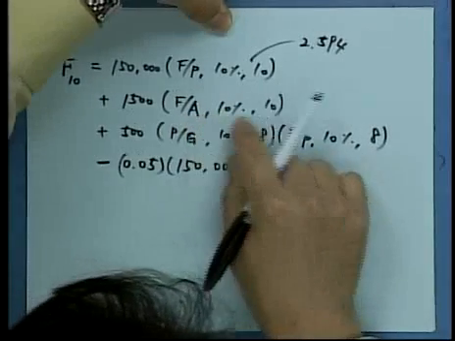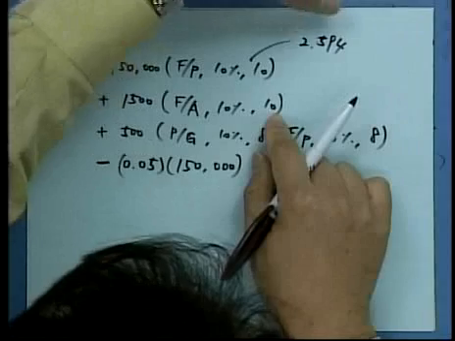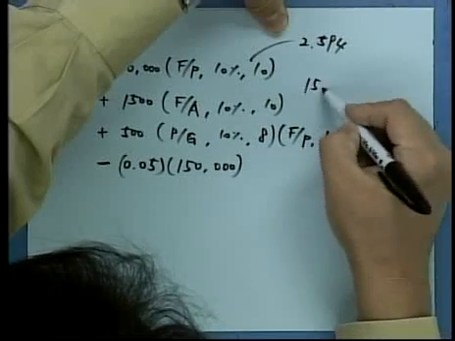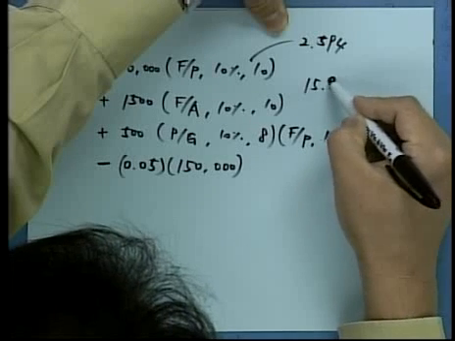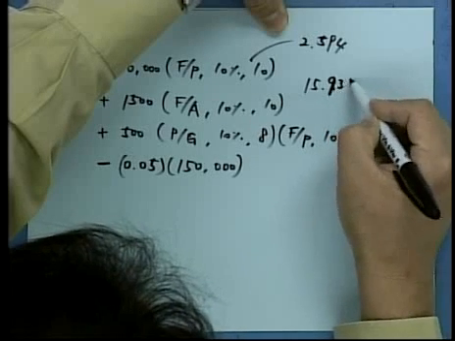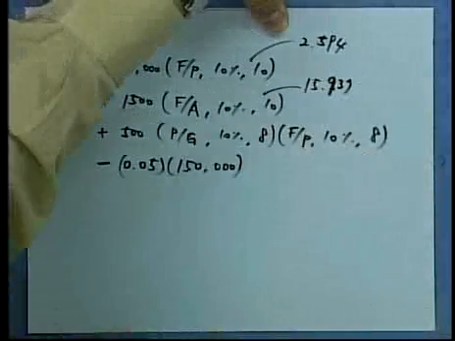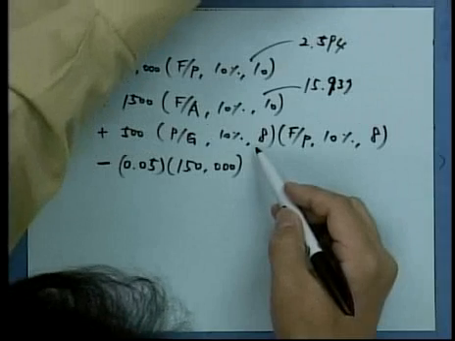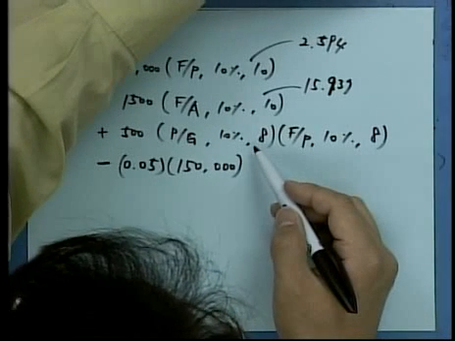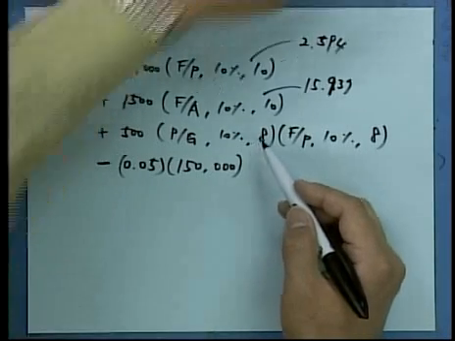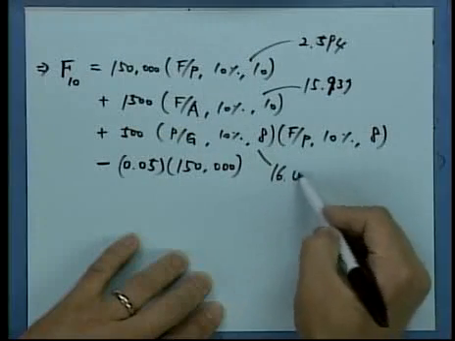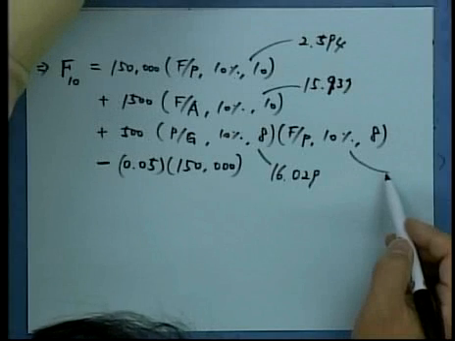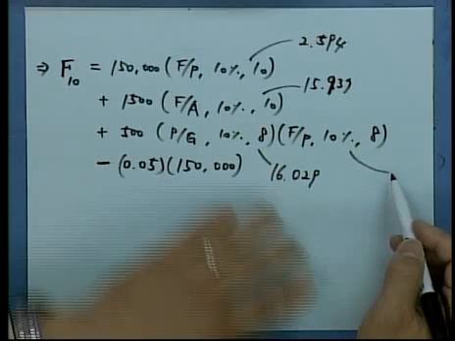F given A over 10 periods is 15.937. P given G over 8 periods is 16.029. And F given P over 8 periods is 2.144.